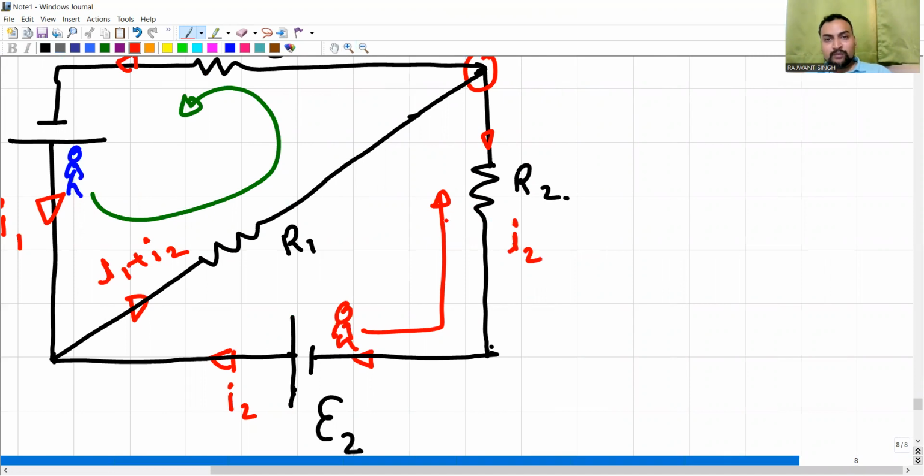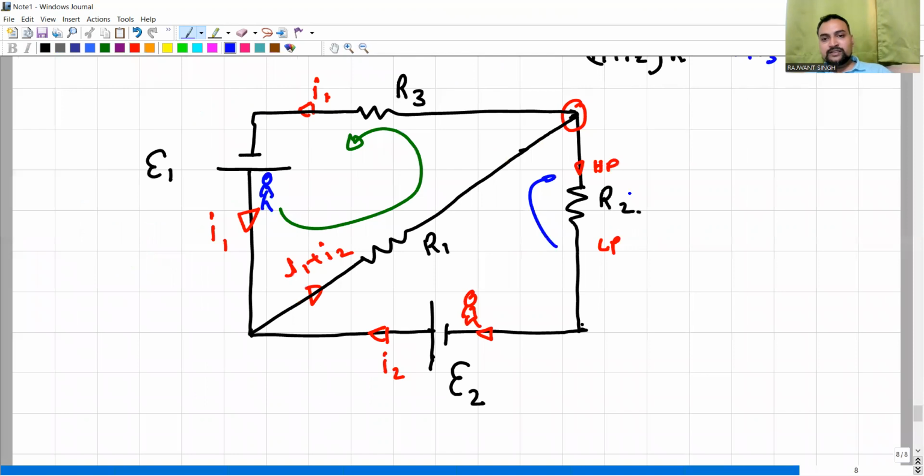But you are moving opposite to the direction of the current, and according to this resistance, this will be a higher potential point, and this will be the lower potential point. And when you move from here to here, you will find that there will be a potential rise. And how much is the potential rise? Because the current that is flowing here is I2, the potential rise will be plus I2 R2.